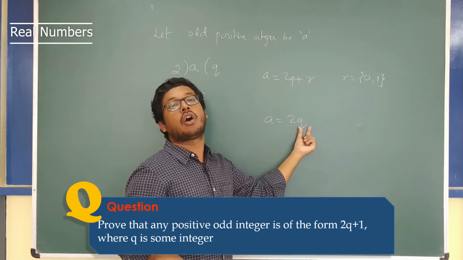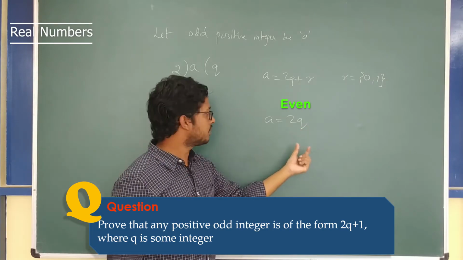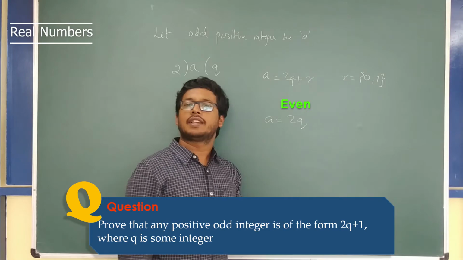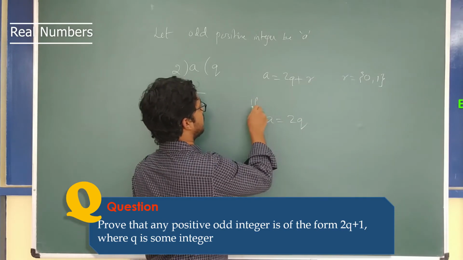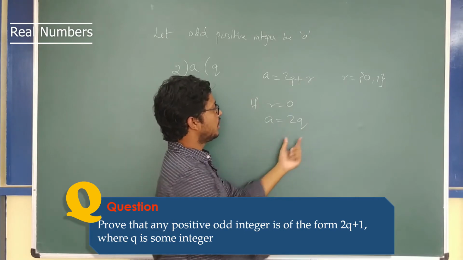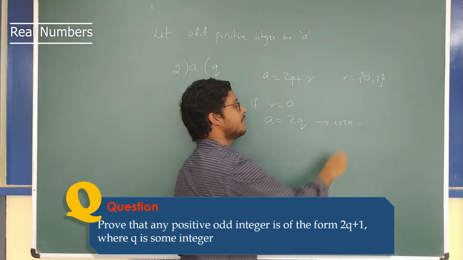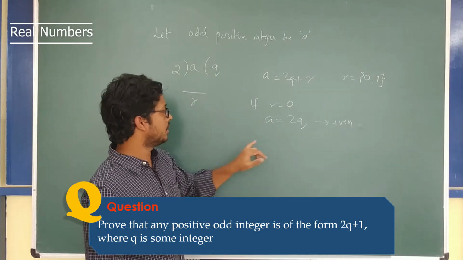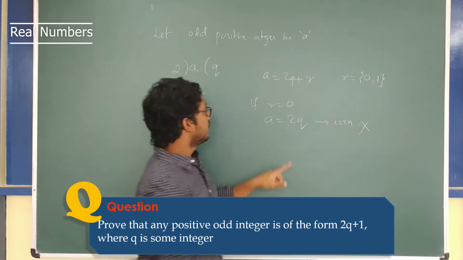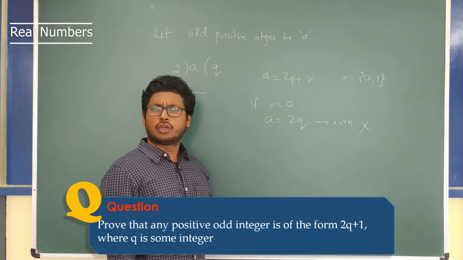Even into even or even into odd is always an even number, which means 2q will always be an even number. So if r is equal to 0, 2q becomes an even number, but we definitely know that a is an odd number. Therefore a cannot be in this form, 2q.